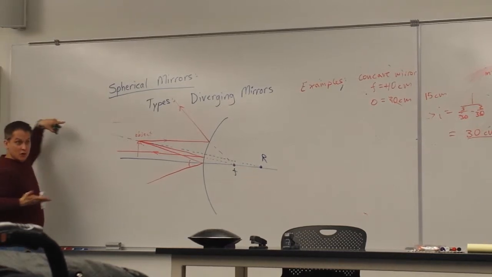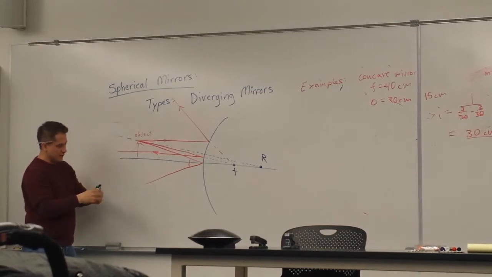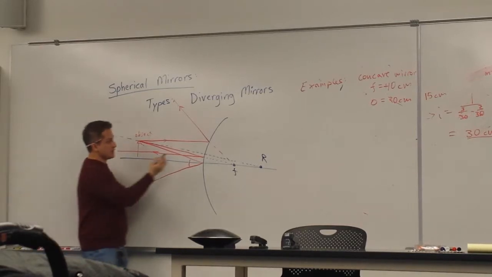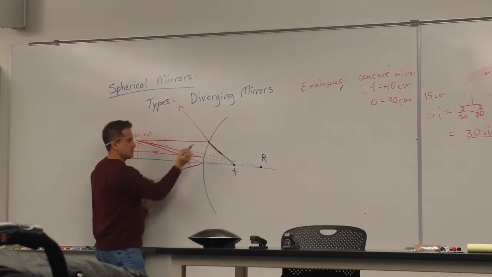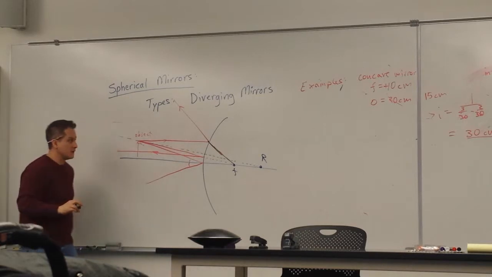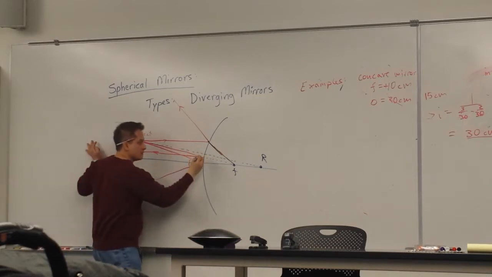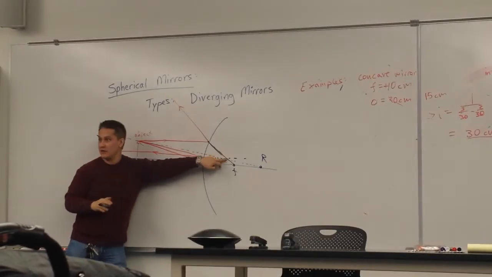Light's doing this, but to our mind's eye, we trace it back to a single point of origin, and that point of origin would be defined by this ray, which, by the way, limits the size. The image will be in here no matter what, by this triangle. Then the light coming out, we can trace that back this way. You can already see the green converges there.